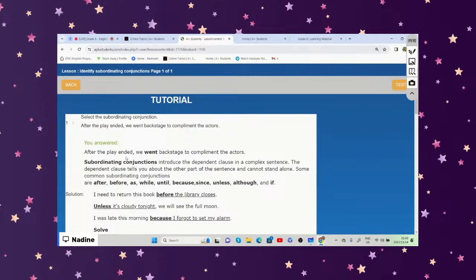So yeah, we said we need to select the subordinating conjunction. After the play ended, we went backstage to compliment the actors.